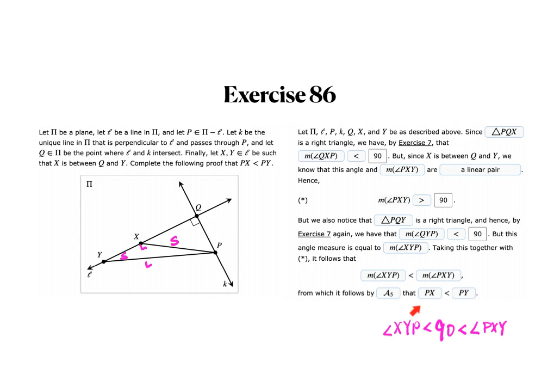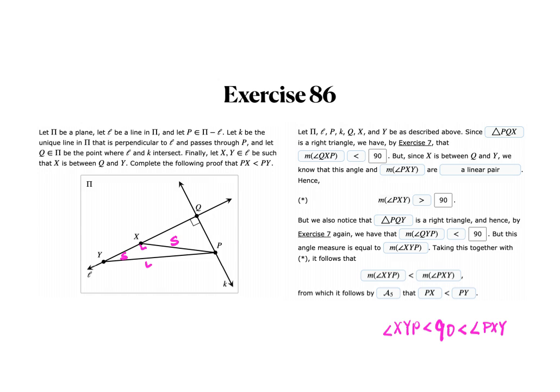So I know that XYP is less than 90, and I also know that PXY is greater than 90. So I get this relationship here, and therefore the measure of angle XYP is less than the measure of angle PXY, from which it follows by A5 that the side opposite my smaller angle is smaller than the side opposite my larger angle.